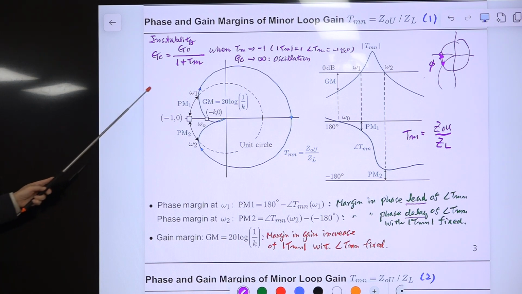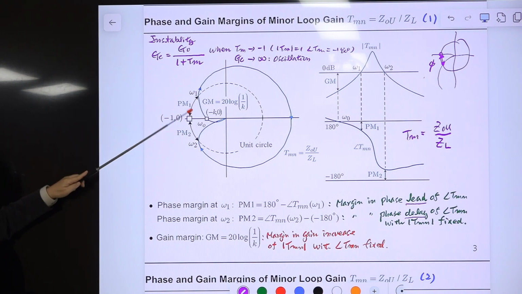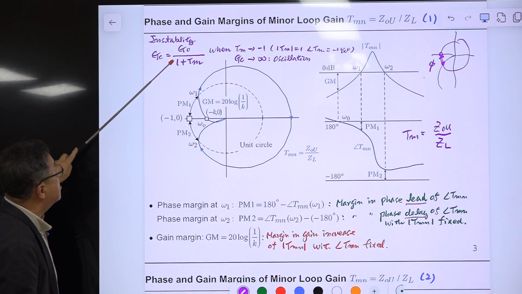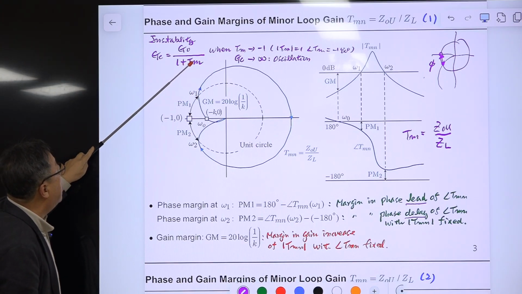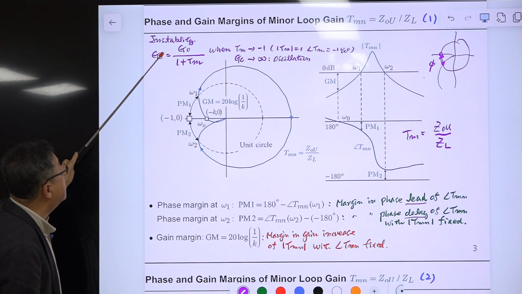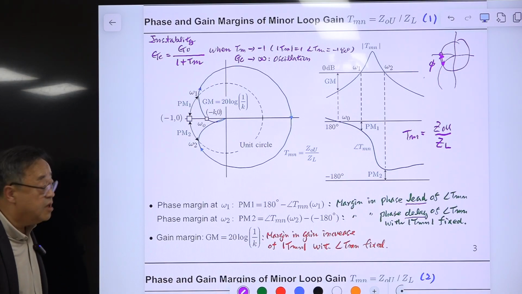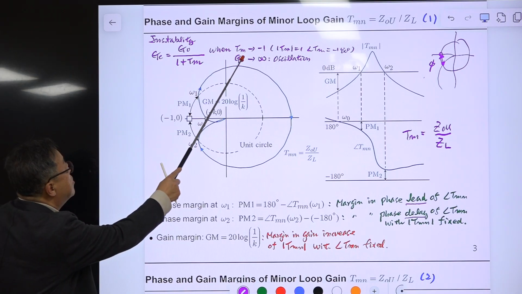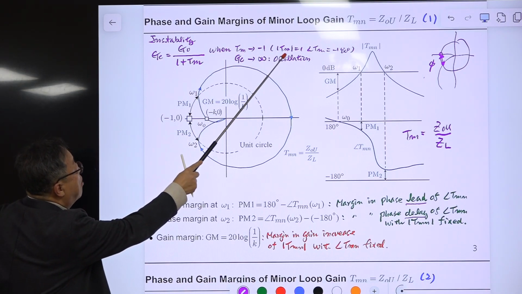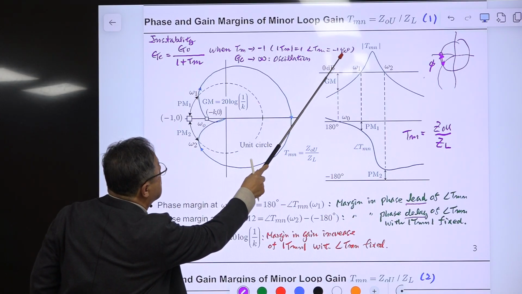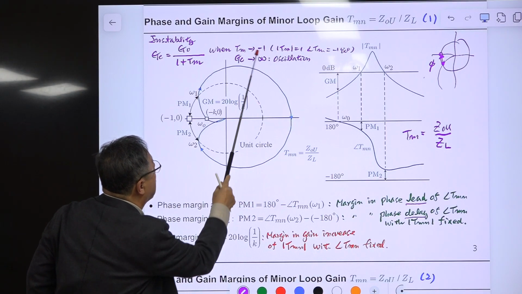But consider this simple case. When Tm becomes -1, this denominator becomes 0, and this becomes infinity. Then the system becomes unstable. You understand this, right? When this happens, Tm becomes -1, the magnitude is 1, and the phase becomes -180 degrees.